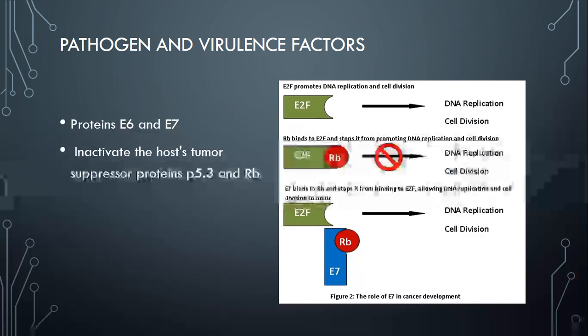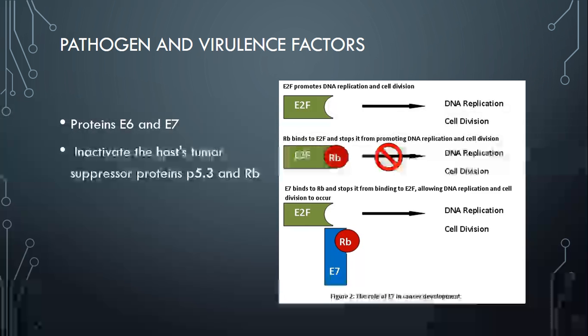Okay, so for the E7 protein of HPV, it binds to the RB protein, and the RB protein, as you can see, binds to the E2F protein, and it stops it from promoting DNA replication and cell division. So basically, when your cells have reached a perfect replicated and divided state, it's like, hey, no more.